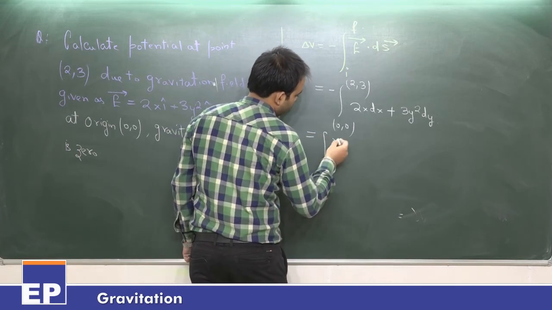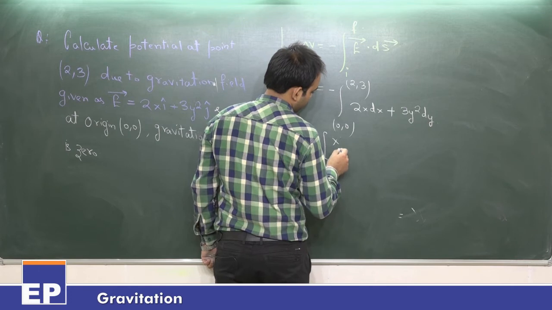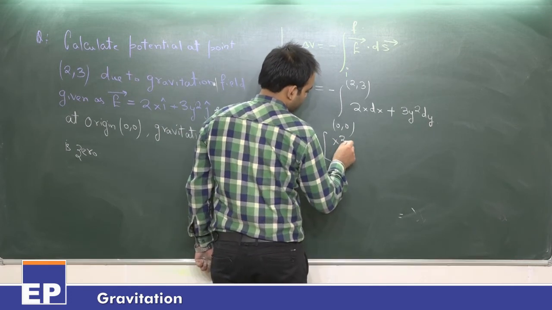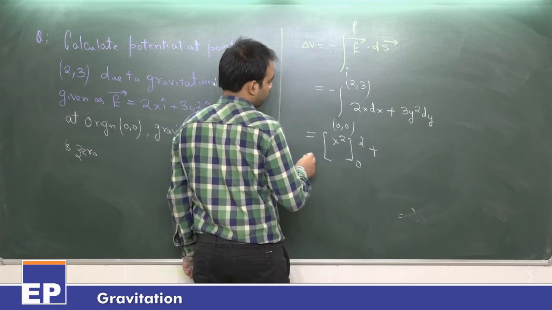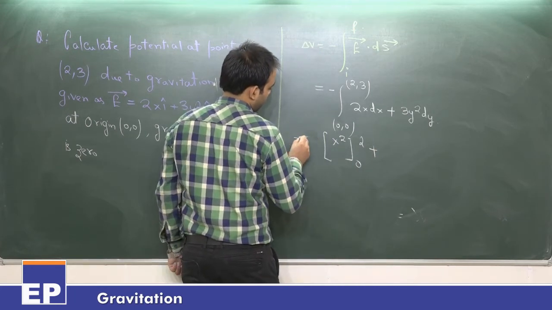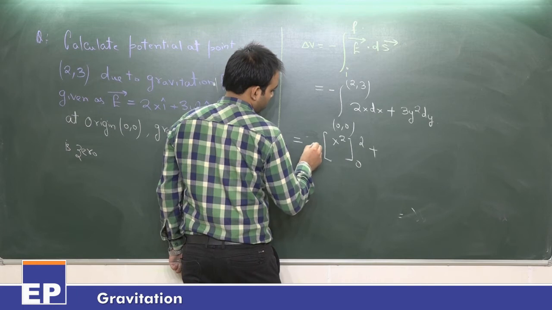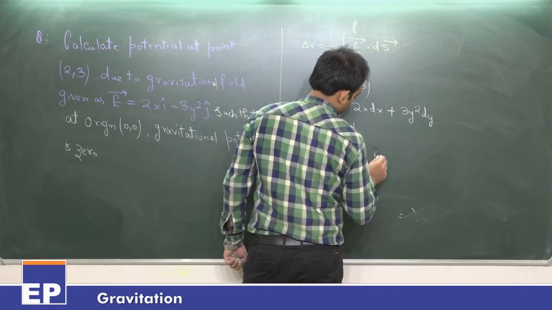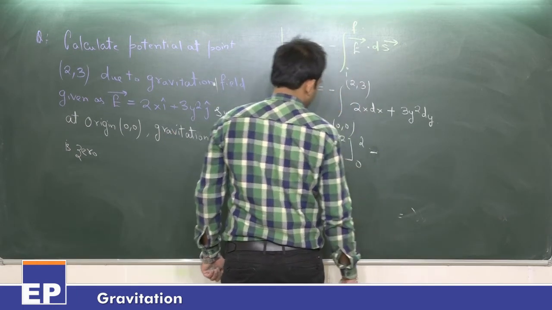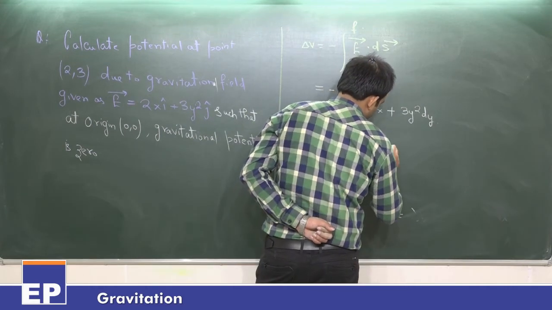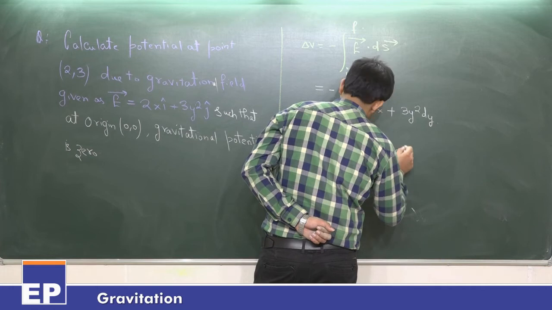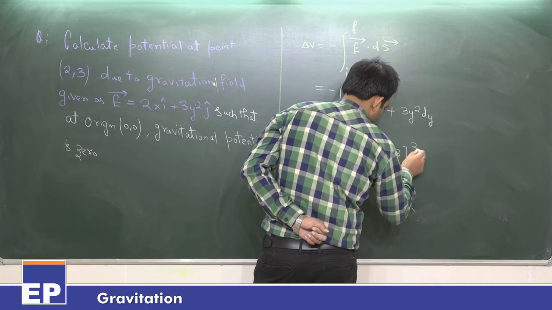That will become x square by 2, 2 and 2 will cancel. That is 0 to 2 plus, there is a minus sign outside, minus of this, minus of this. 3y, y cube by 3, 3 cancels, y cube. That is 0 to 3.